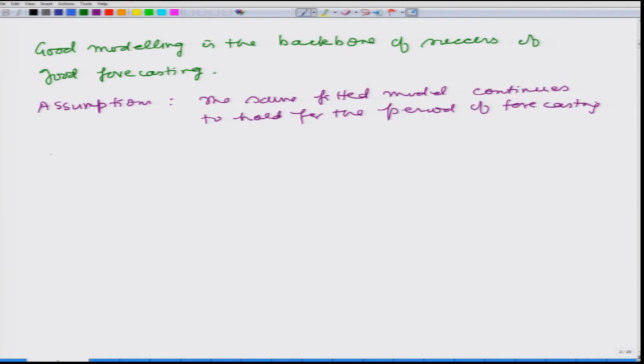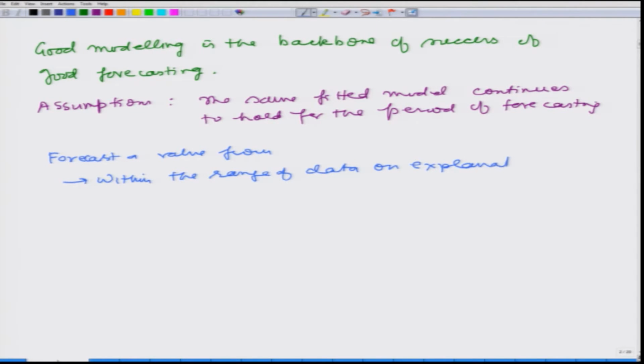When we are trying to forecast a value from within the range of data on the explanatory variable, then this is called within sample forecasting.